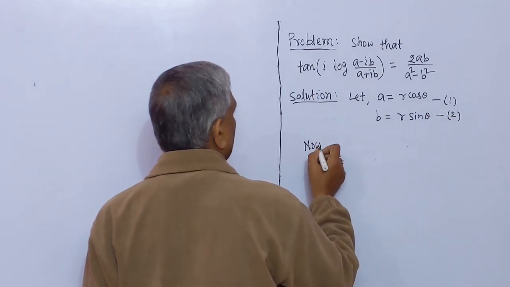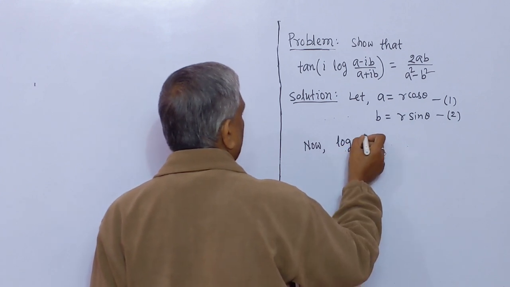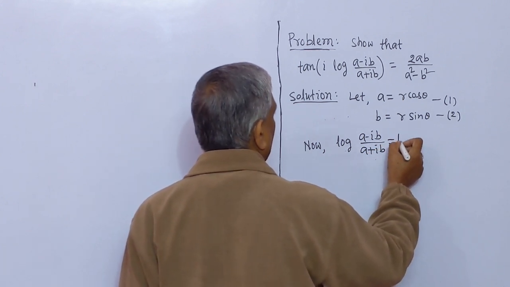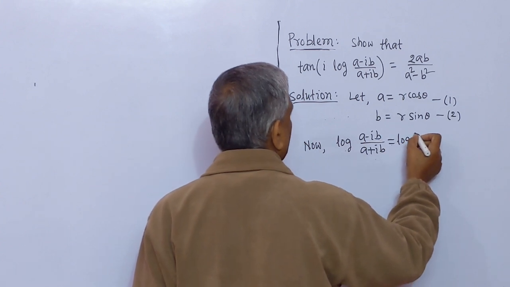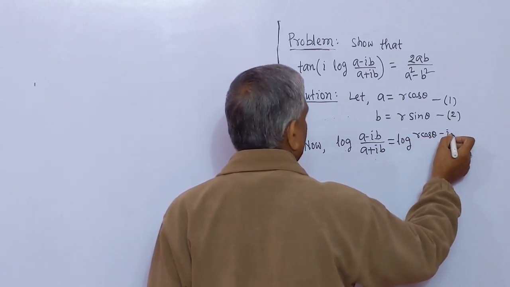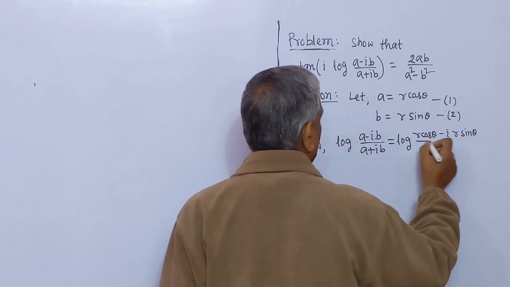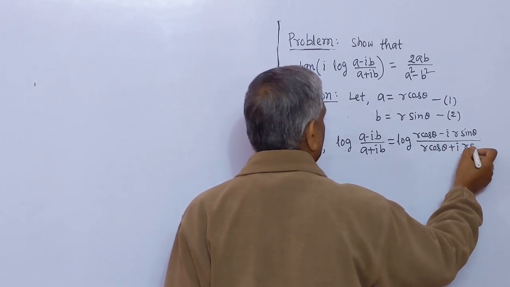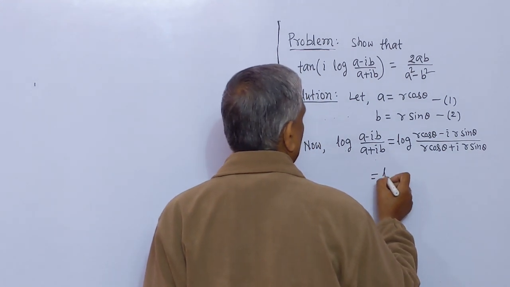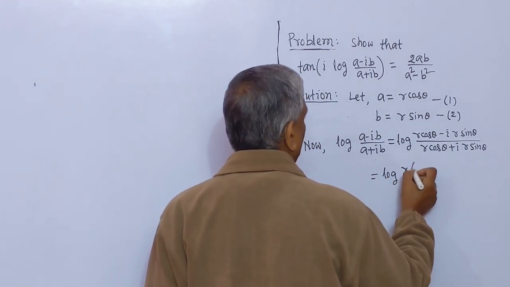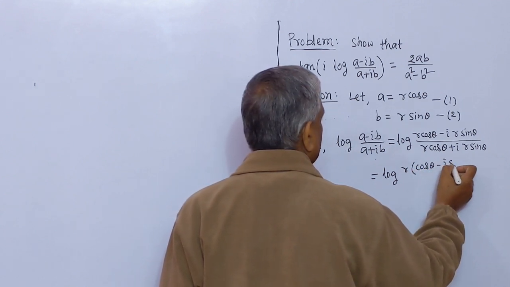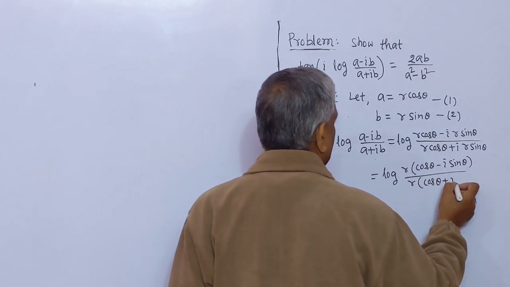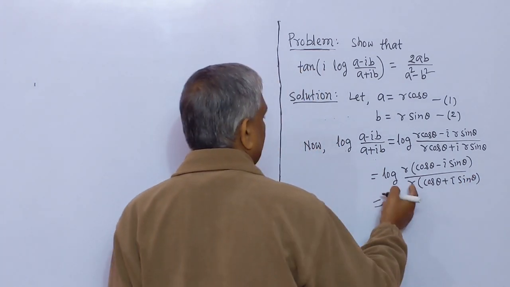Now log((a − ib)/(a + ib)) equals log of (r cos θ − i r sin θ) by (r cos θ + i r sin θ), and this is equal to log of r(cos θ − i sin θ) by r(cos θ + i sin θ). r cancels.